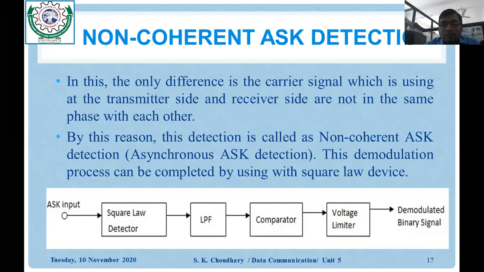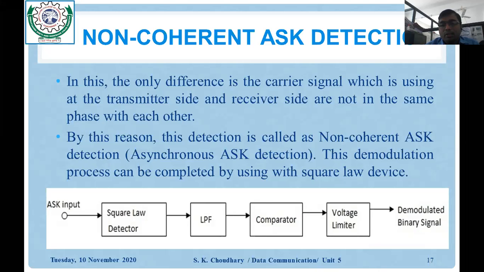The only difference is that in non-coherent detection, the carrier signals used at the transmitter and the receiver are not in phase with each other. In synchronous or coherent detection, both are in phase. For this reason, non-coherent detection is called asynchronous ASK detection.